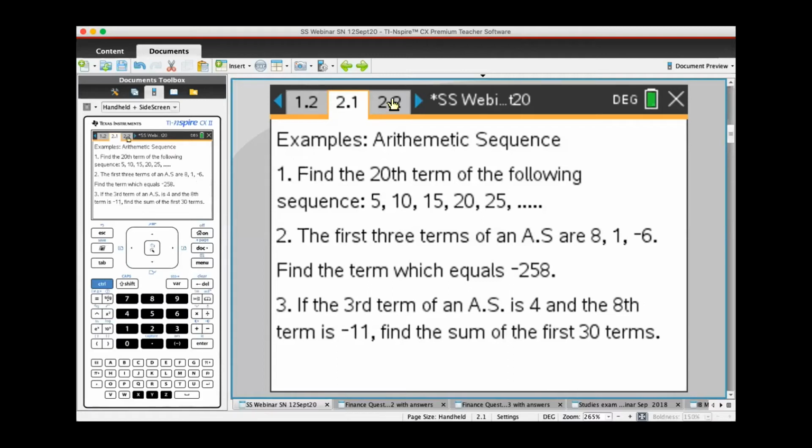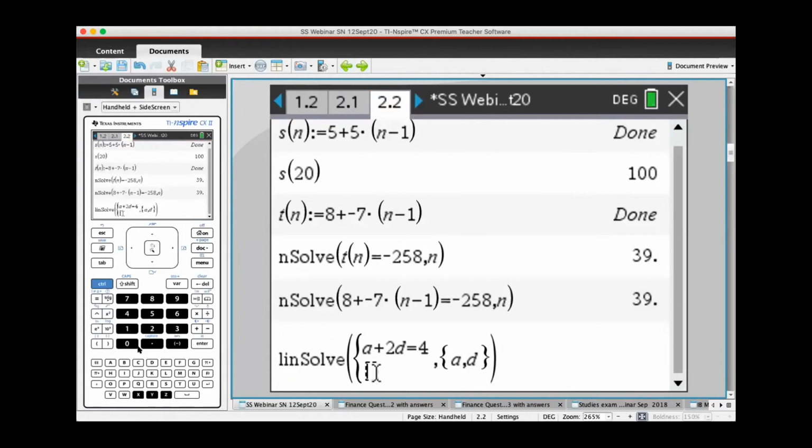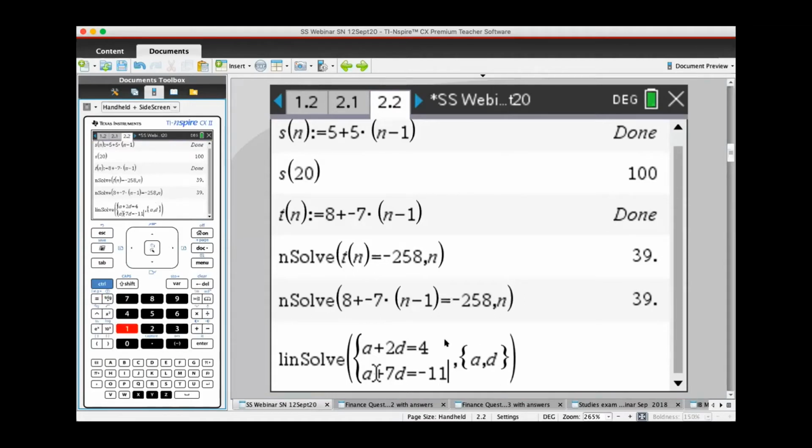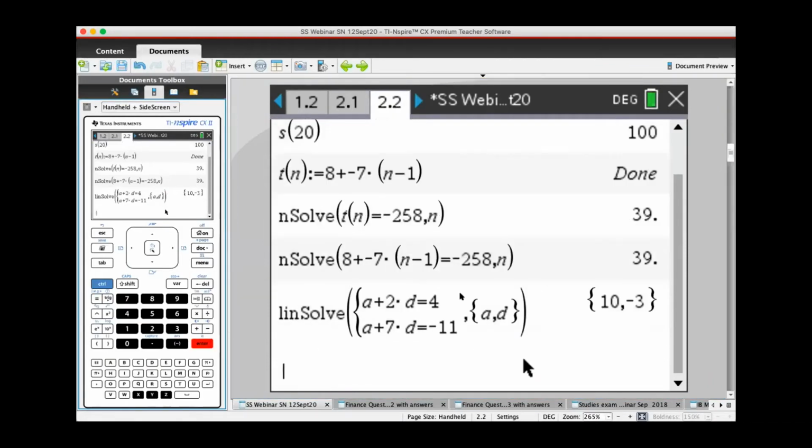So I go back here and I say A plus 7D, because it is the 8th term, 7D equals, it was negative 11. Always remember, you have to use this negative. This is subtraction. So this is negative 11, right? And then I press enter. And you have your A equal to 10 and the D equal to negative 3, right?